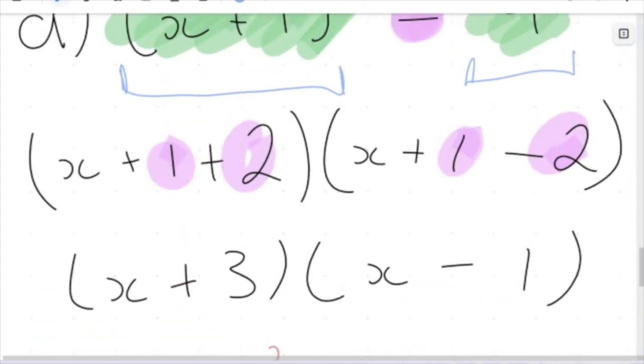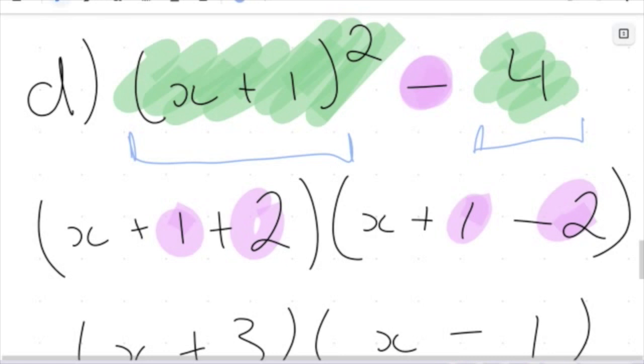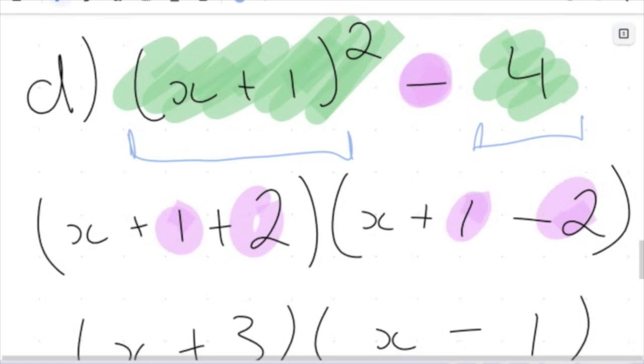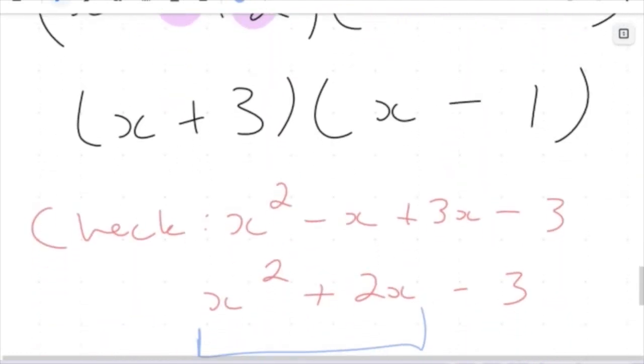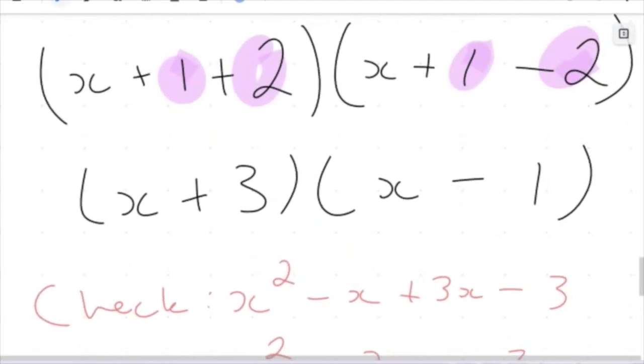We identified that this was a difference of 2 squares, so we wanted to find the square root of x plus 1 squared, find the square root of 4, and then just chip away at simplifying this. But this is how we can go about finding the difference of 2 squares based on certain patterns we pick up on from what we learned about expanding differences of 2 squares.